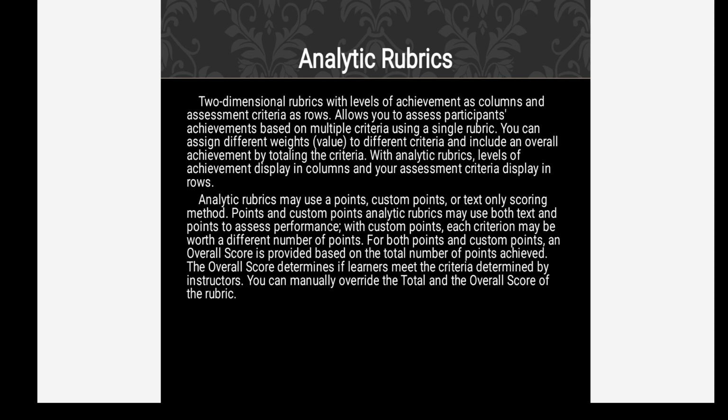You can assign different weight or value to different criteria and include an overall achievement by totaling the criteria. With analytic rubrics, levels of achievement display in columns and your assessment criteria display in rows.